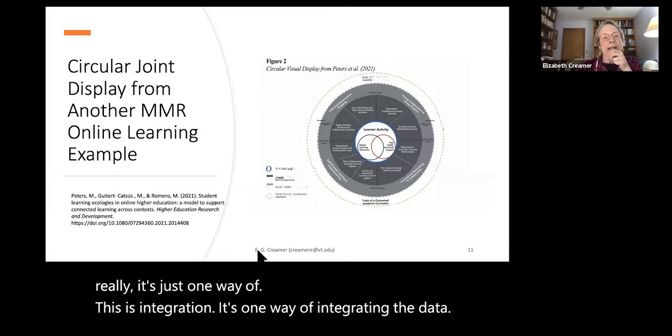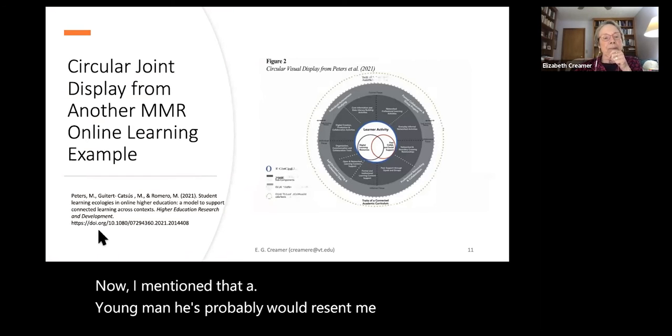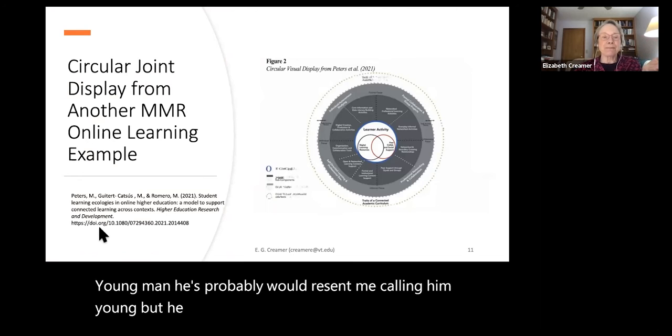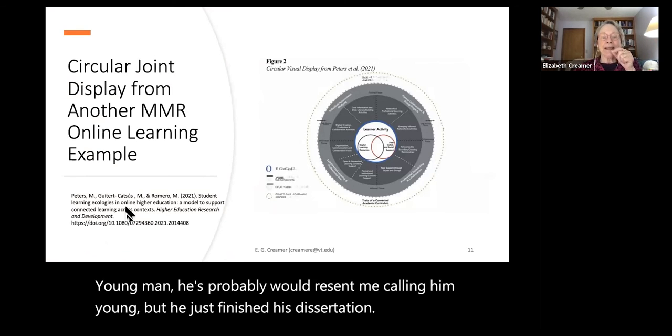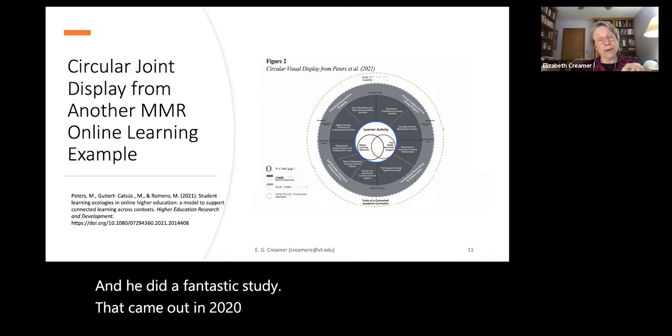Now I mentioned a young man, he probably would resent me calling him young, but he just finished his dissertation. And he did a fantastic study that came out in December 2021.